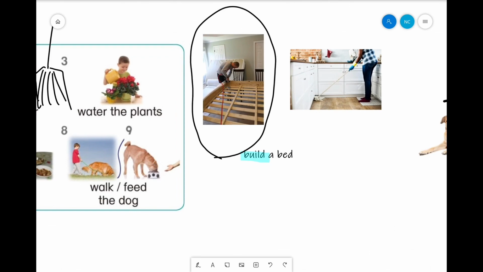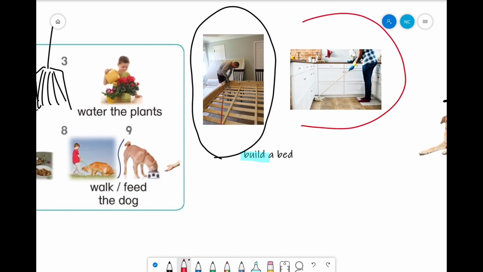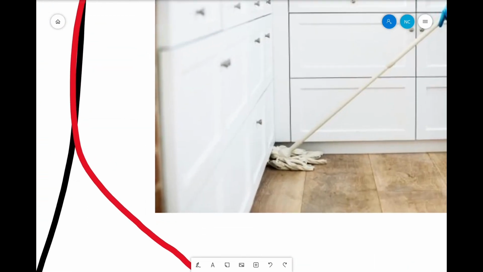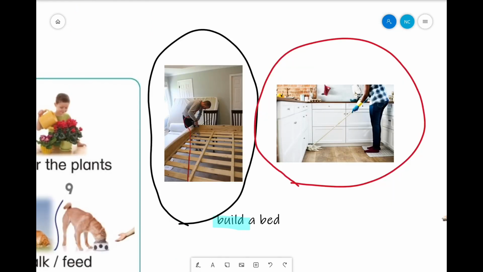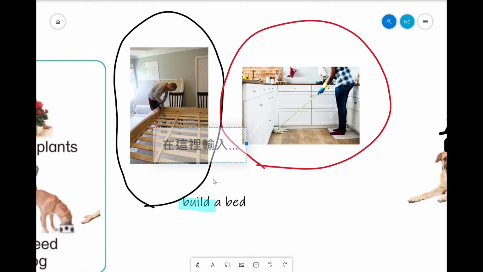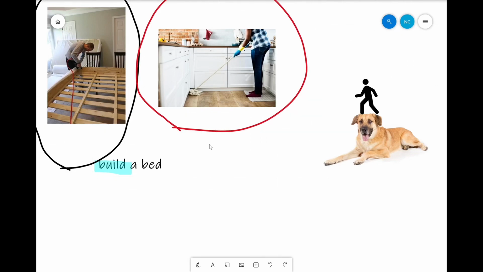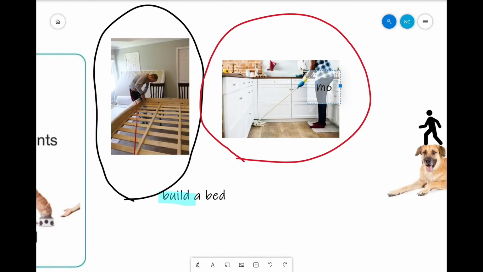In the picture, here I circle in red. Is that person sweeping the floor? Let's have a closer look at the tool that this person is using. It is not a broom. This person is actually mopping the floor. This action we call to mop the floor.